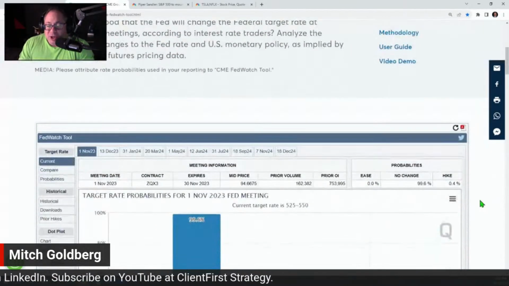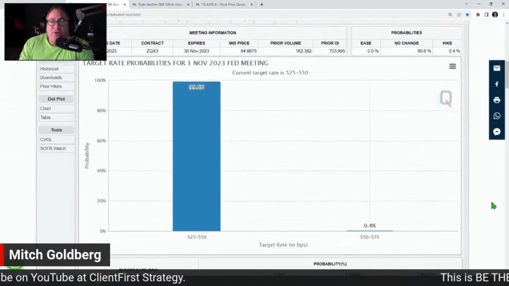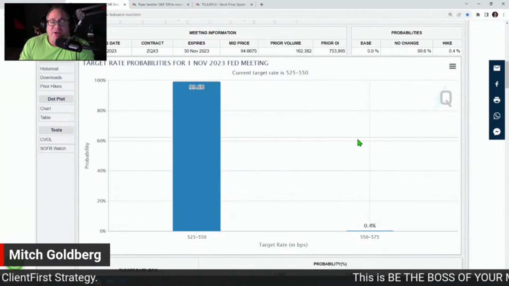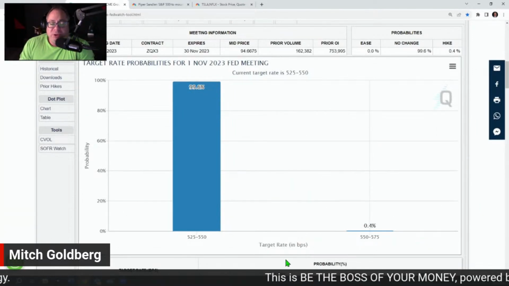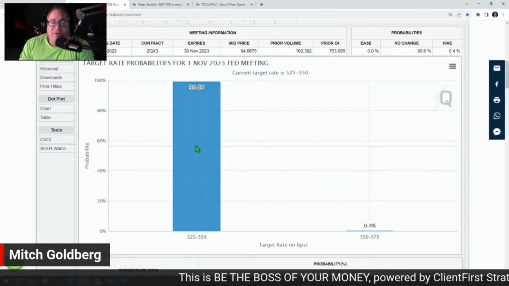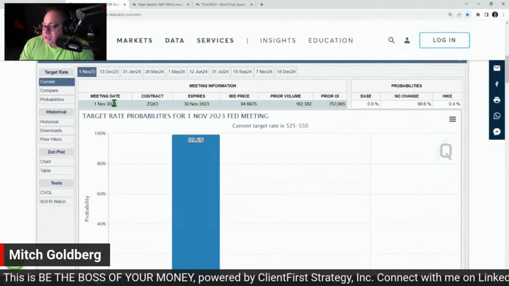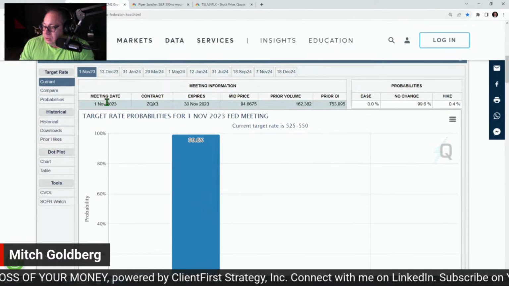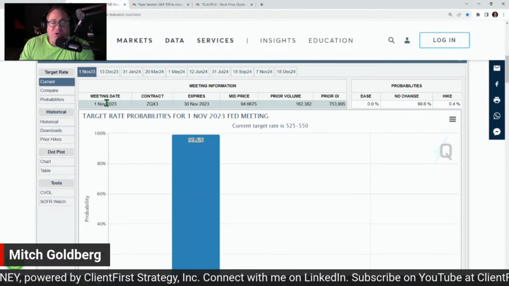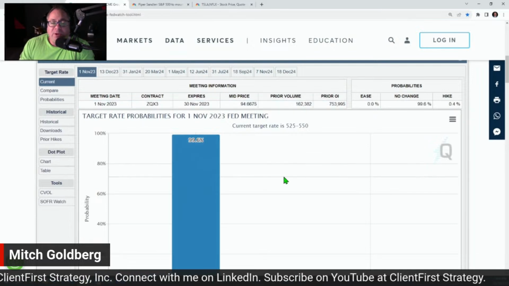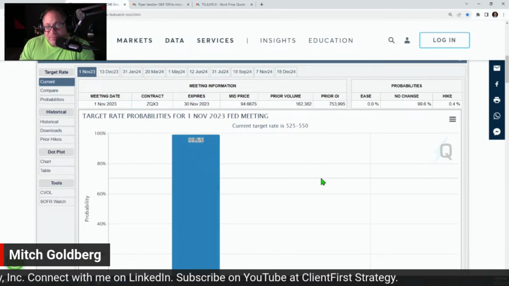And what it's telling you is the next time the Fed could raise rates is in November. The Fed meets October 31st and November 1st.